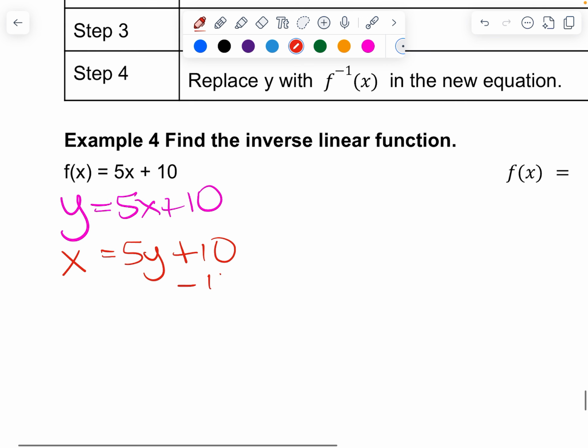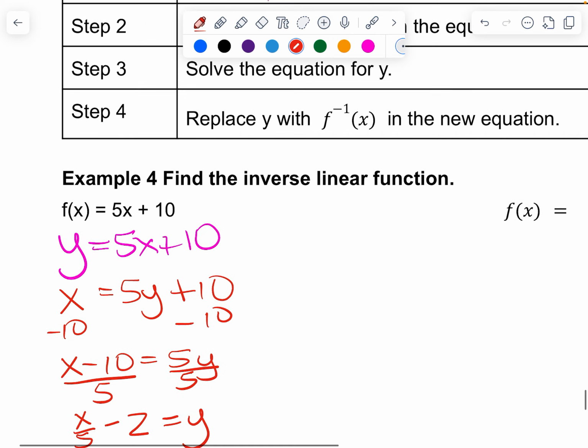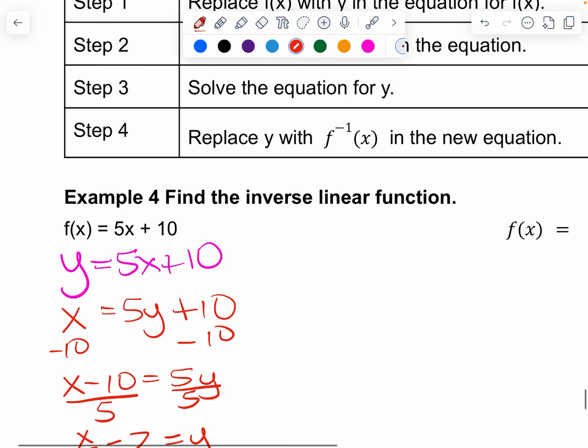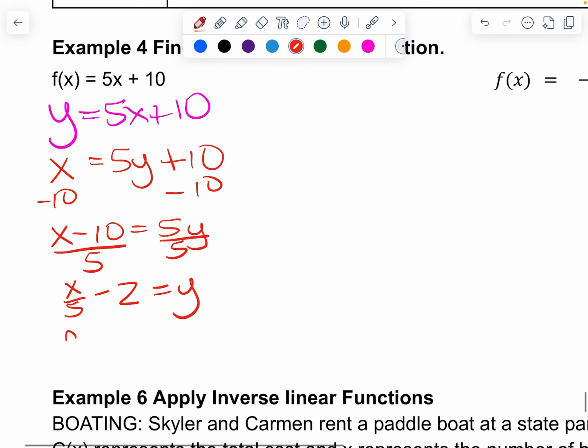I'm going to subtract 10 from both sides: x minus 10 equals 5y. Divide by 5, so I get x over 5 minus 2 equals y. The last step says replace y with f inverse of x. So f inverse of x equals x over 5 minus 2. And that's all you do.